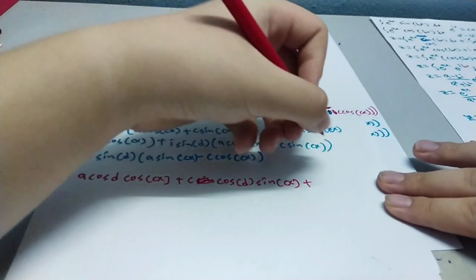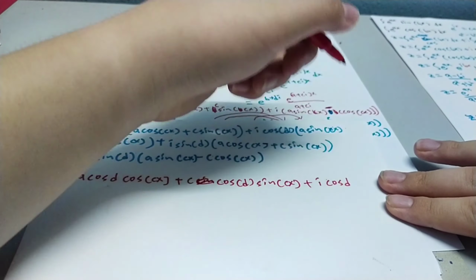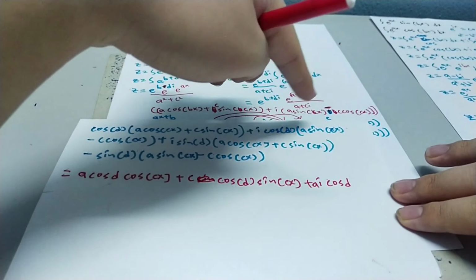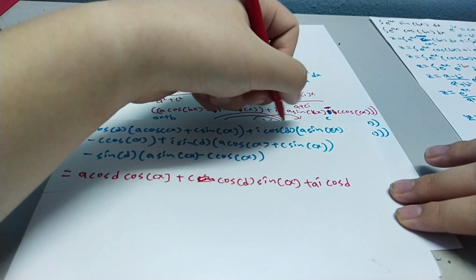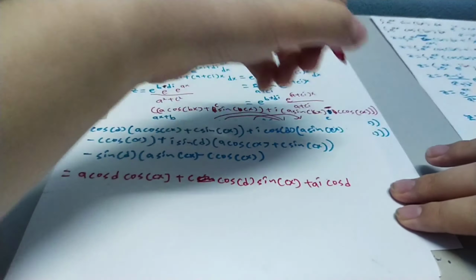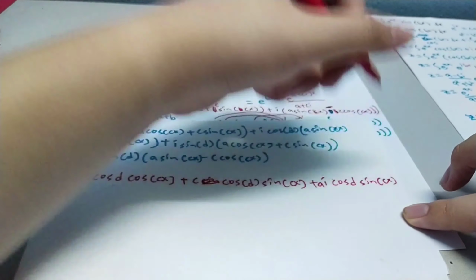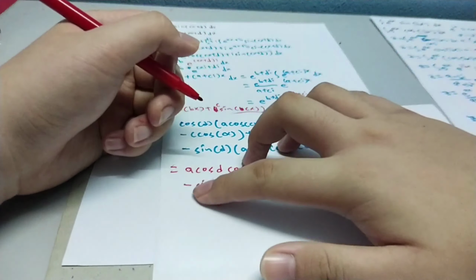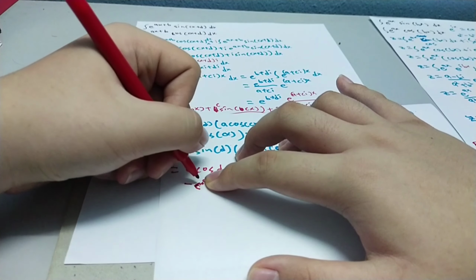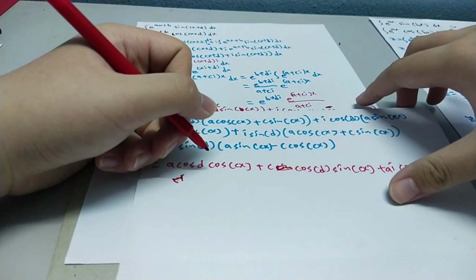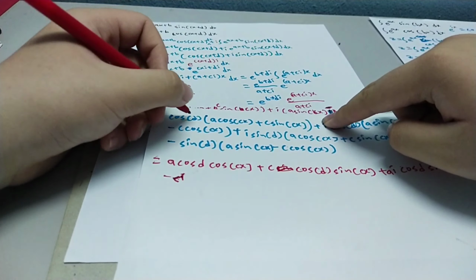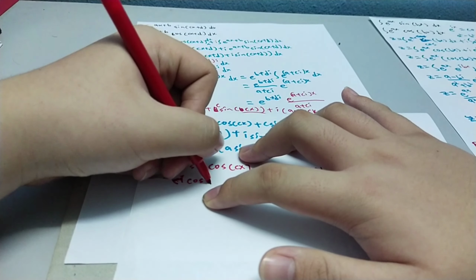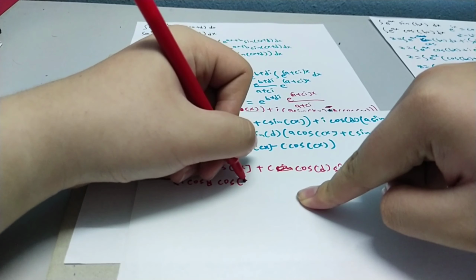Plus i times cosine of d times a times sine of cx, so ai times cosine of d times sine of cx, minus ci, minus ci times cosine of d times cosine of cx.